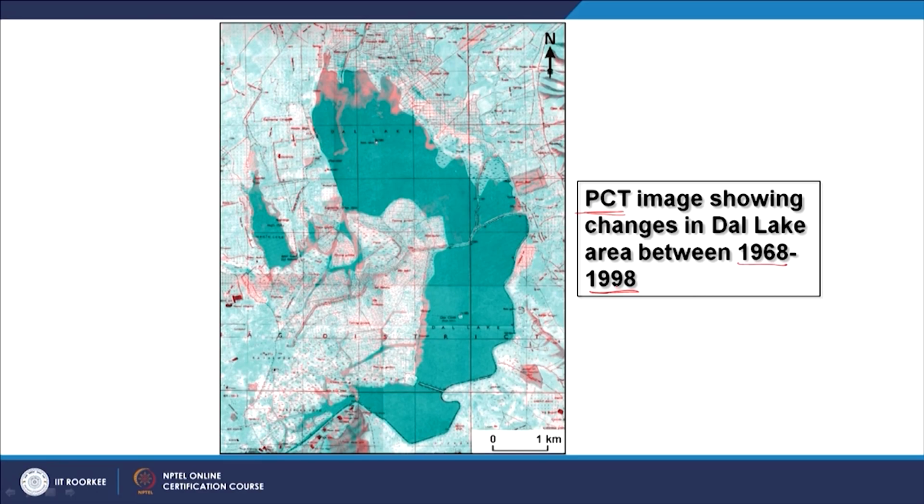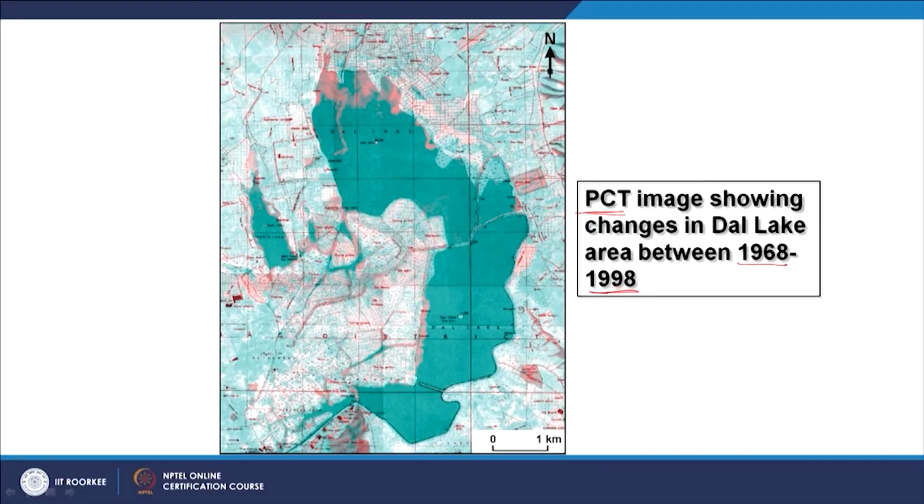With a 30 year time difference, this change detection image very clearly shows which areas have been encroached, or where the shape of the lake has been distorted because of human activities, and maybe some natural ones also.